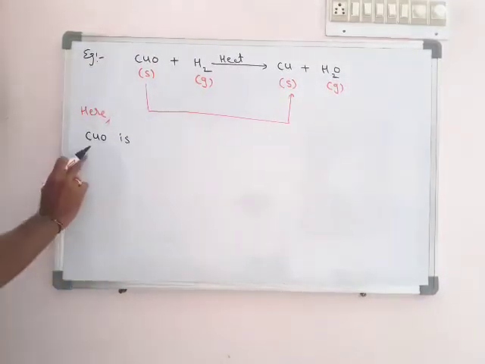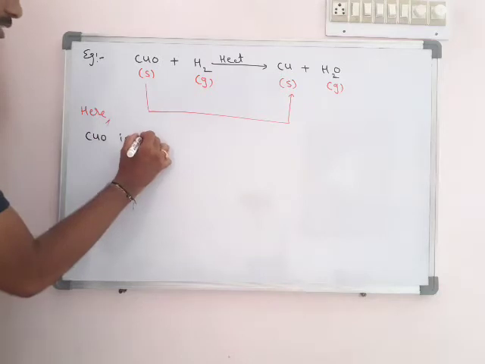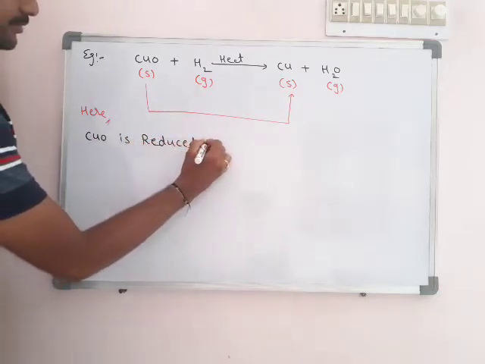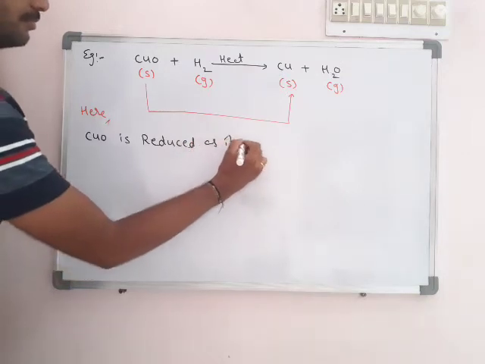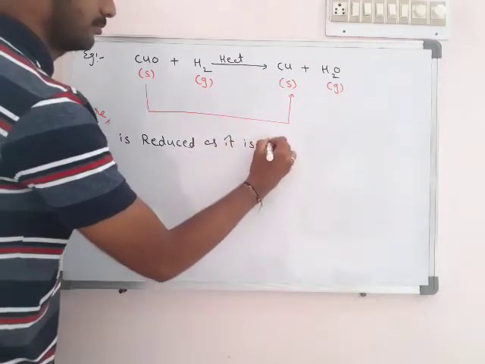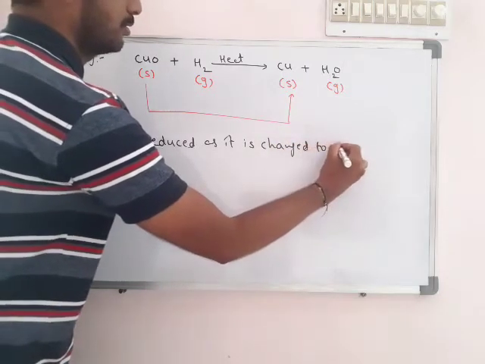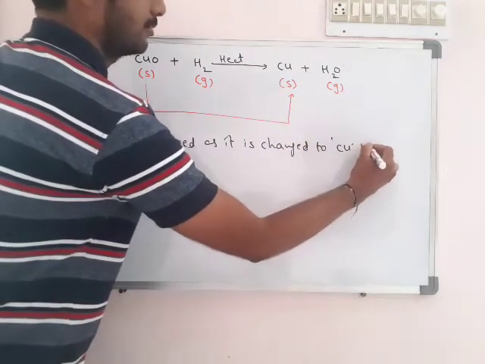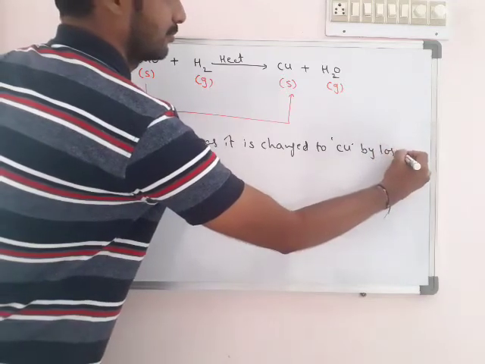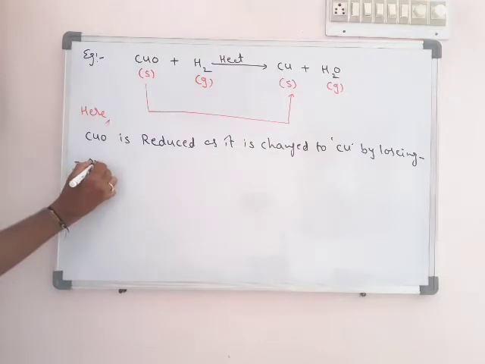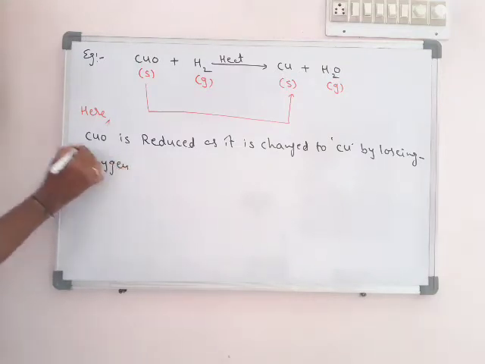So here CuO is reduced as it is changed to copper by losing oxygen atoms.